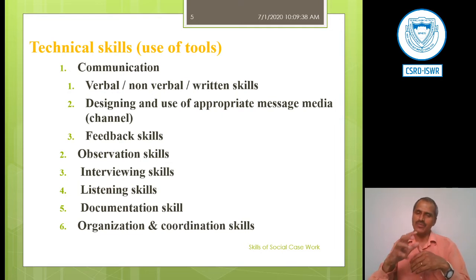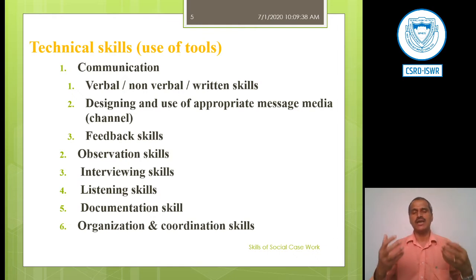It is part of the non-verbal communication skill, observation. Through observation, the caseworker can understand the client better and diagnose the client's problem, what the client is trying to communicate, what is in the mind of the client. This can be understood by proper observation.